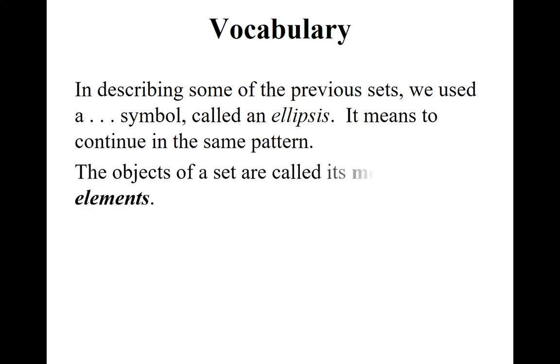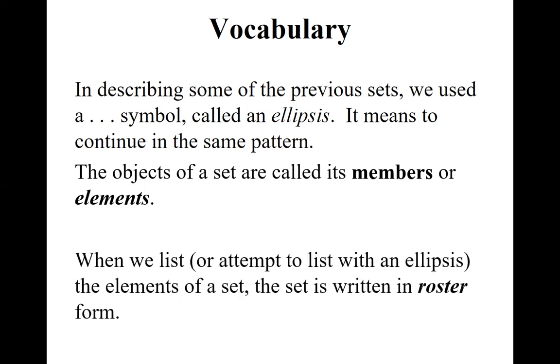So within these sets, we had objects. The objects were numbers in this case, but we call the objects of a set the set's members or the set's elements. And finally, when we list or attempt to list with an ellipsis the elements of a set, we say that the set is written in roster form.